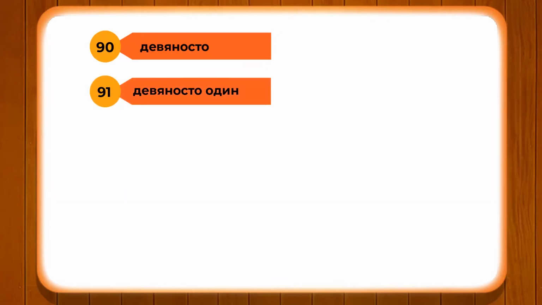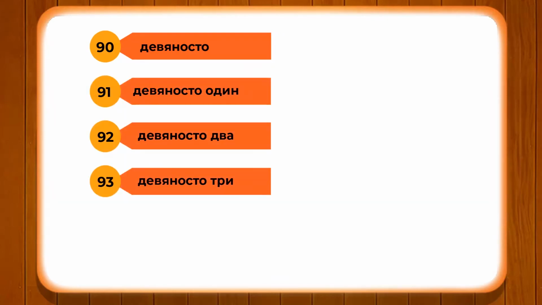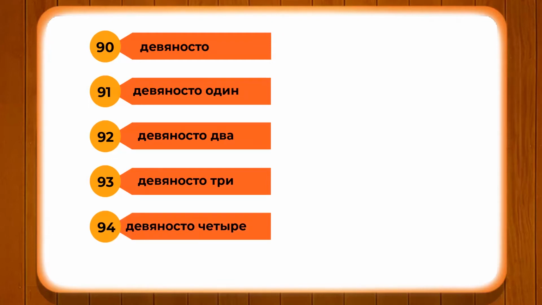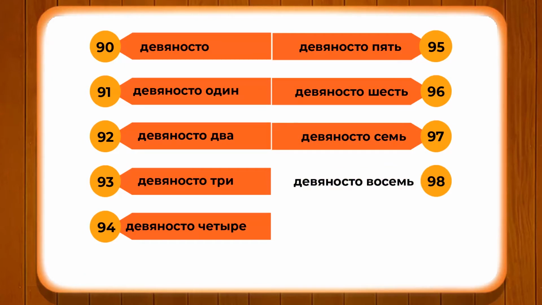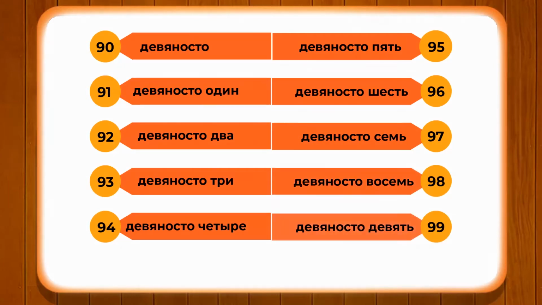From 91 to 100, please pay attention to the words which I am going to count for you. 91, 92, 93, 94, 95, 96, 97, 98, 99 and then finally we have 100.